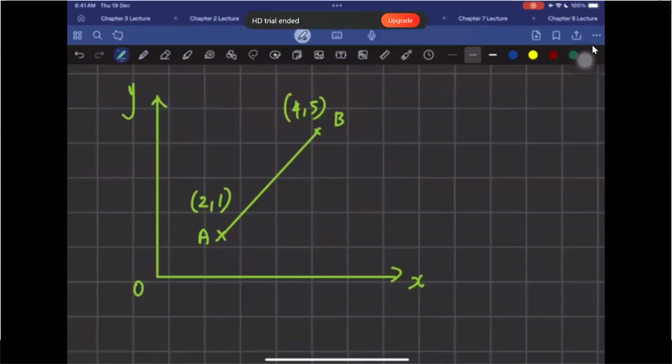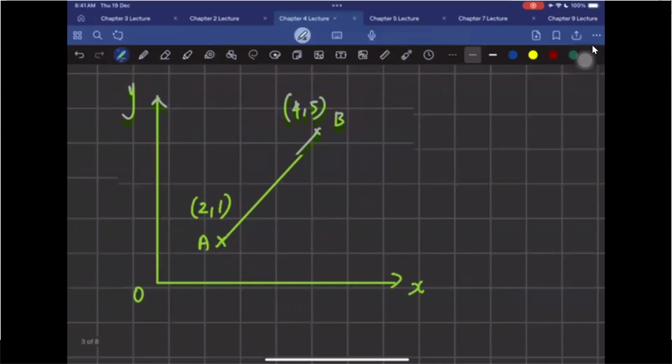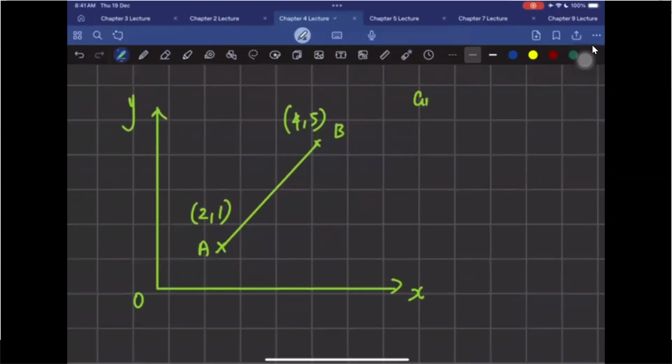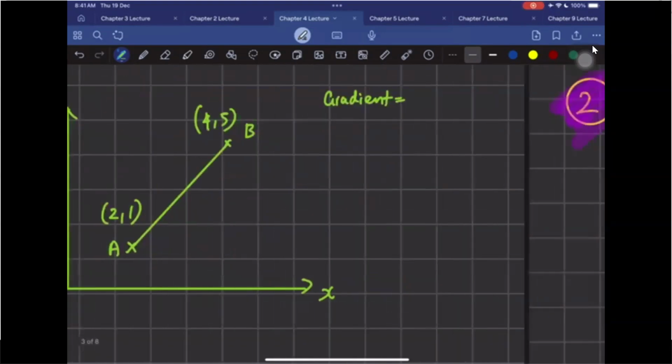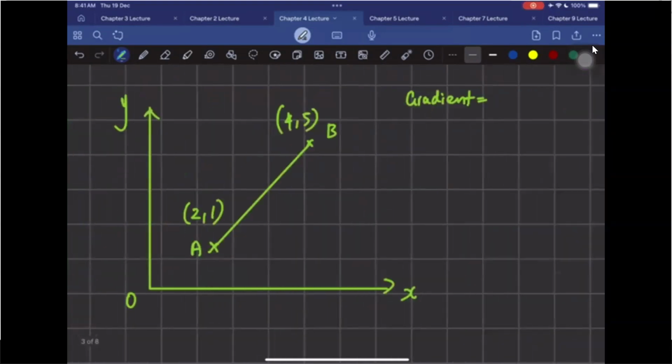So gradient is basically calculating the slope of the line. So it's essentially your vertical change over your horizontal change, also known as rise over run.